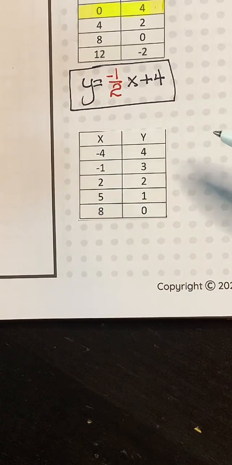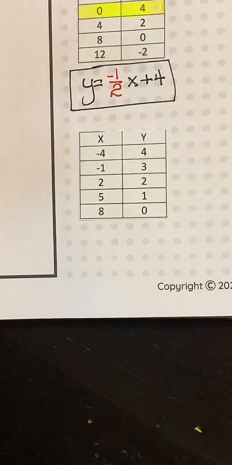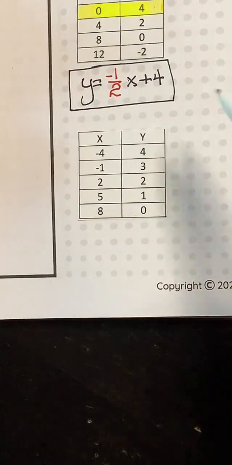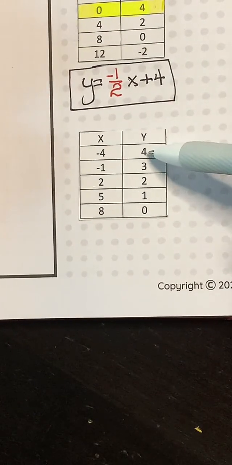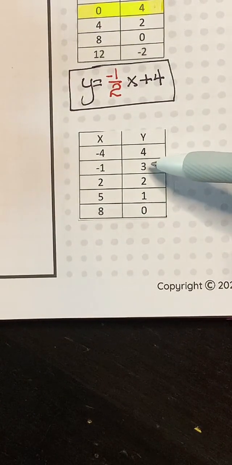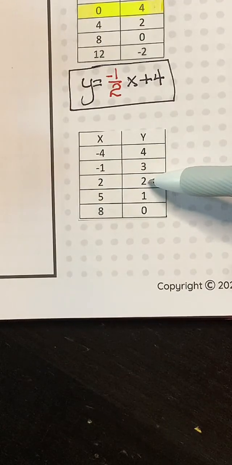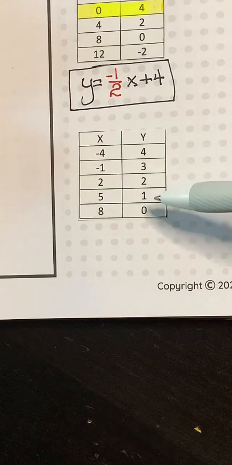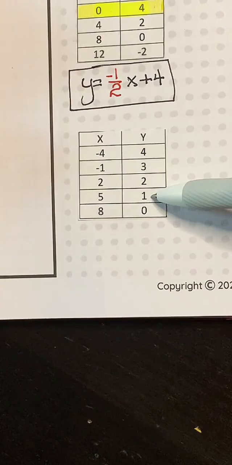Okay, you're subtracting 1. Good. All right, beautiful. Do you see that? If I did 4 minus 1, I will get 3. If I did 3 minus 1, I will get 2. If I do 2 minus 1, I will get 1.